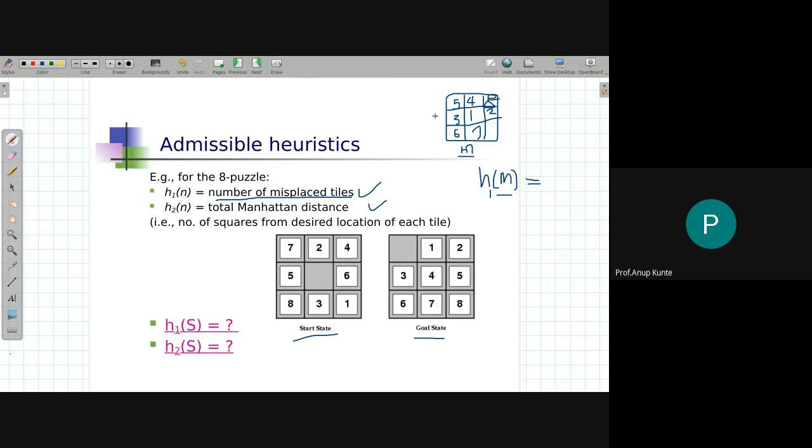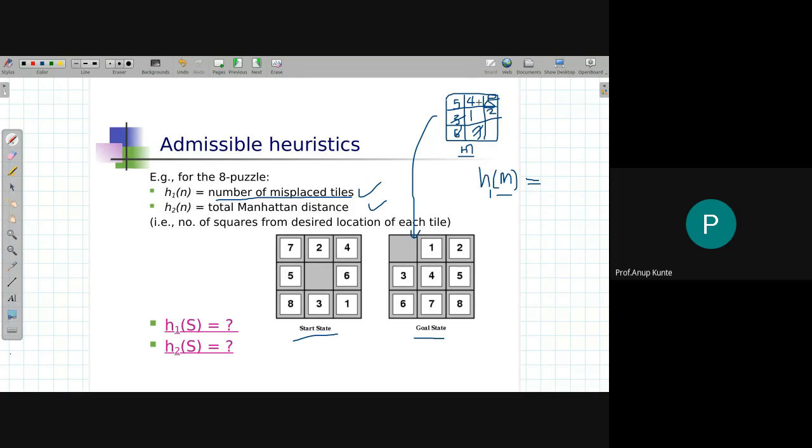So I will always compare the state with the goal state and check how many tiles are placed correctly and how many are placed incorrectly. 6 and 7 are in their actual positions, 3 is in the right spot, whereas 5 is misplaced, 4 is misplaced, 8 is misplaced, 1 is misplaced, 2 is misplaced, and the space is also misplaced.